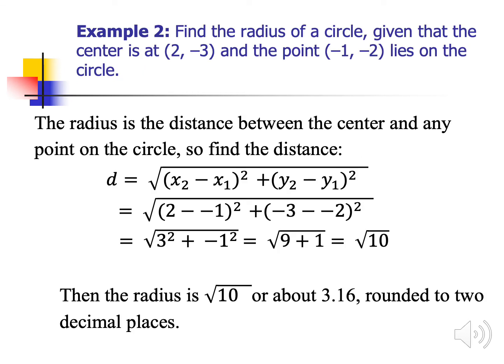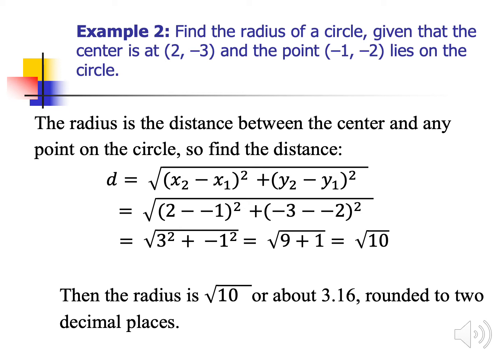Next example, find the radius of the circle given that the center is at (2, -3), and the point which lies on the circle is (-1, -2). The radius is the distance from the center to any point on the circle, so we can use the distance formula.